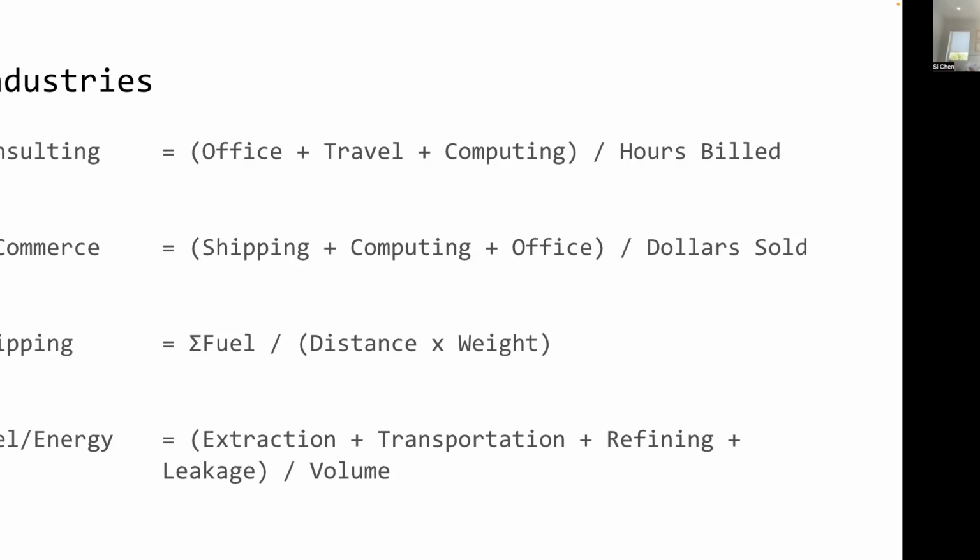From the extraction of fuel to the transportation of the fuel to refining, and then the leakage that happens in between, divided by the volume of fuel. The last one is very complex, lots of field devices, data, very high value projects for that industry. But these are some industries that if you already have exposure to, or you're already working with people on, then you can definitely start working on with.